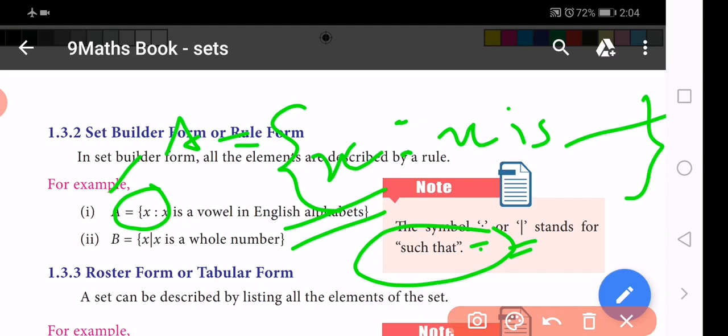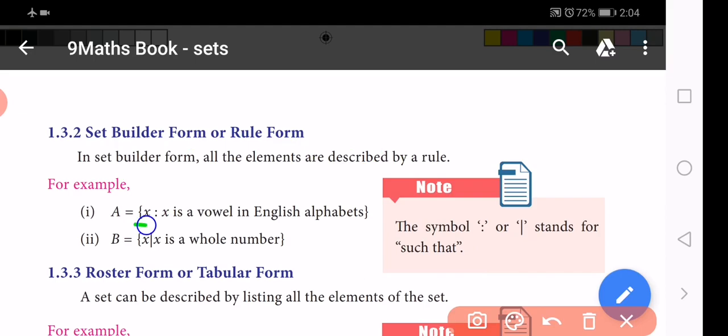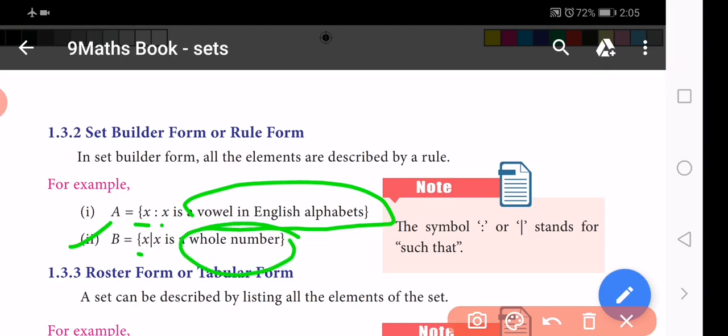For all x such that x is a vowel in English alphabet. Set B equal to, for all x such that x is a whole number. In this example, all the vowels in the English alphabet are called x, and all the whole numbers in mathematics we call x.